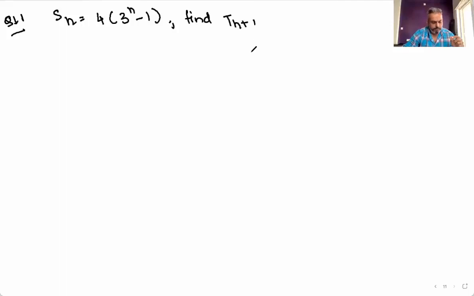Now this is really interesting and tricky, so please pay attention. Sn is equal to 4 into 3 raised to n minus 1. Find Tn plus 1. Now we know the formula. Tn plus 1 is equal to Sn plus 1 minus Sn.